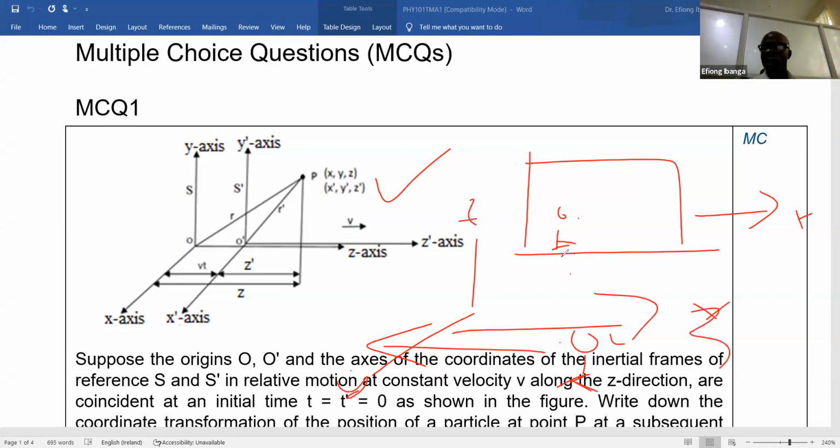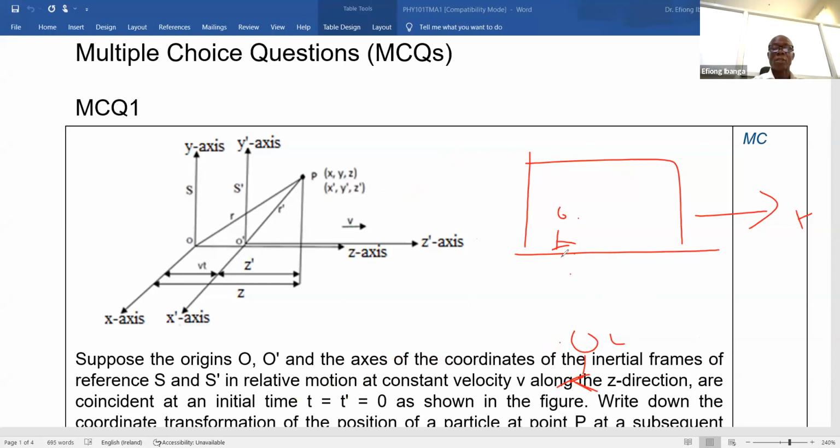But if I had done it like this, I'm putting the Z axis horizontal, the X axis coming out of the board, and the Y axis vertical. It can be anywhere, we can label it anywhere. That's why I want to spend some time to show you exactly what it is all about, so that if you see any question like the ones we have already asked, you'll be able to answer.